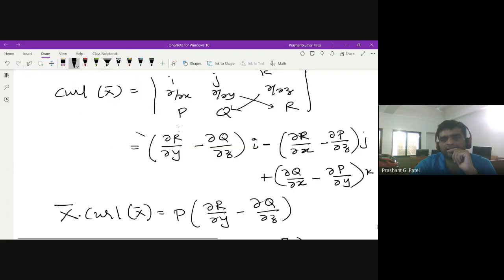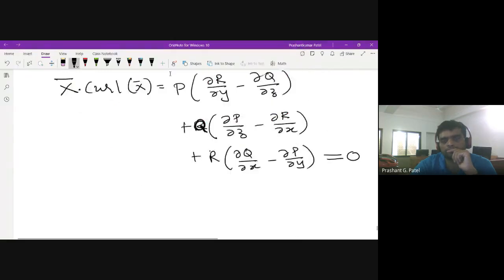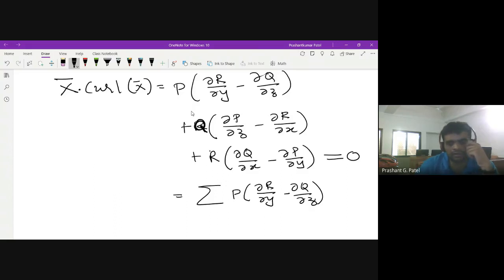And we are writing this in short form, as a summation of P into del R by del y minus del Q by del z, where this summation is over x, y, z.